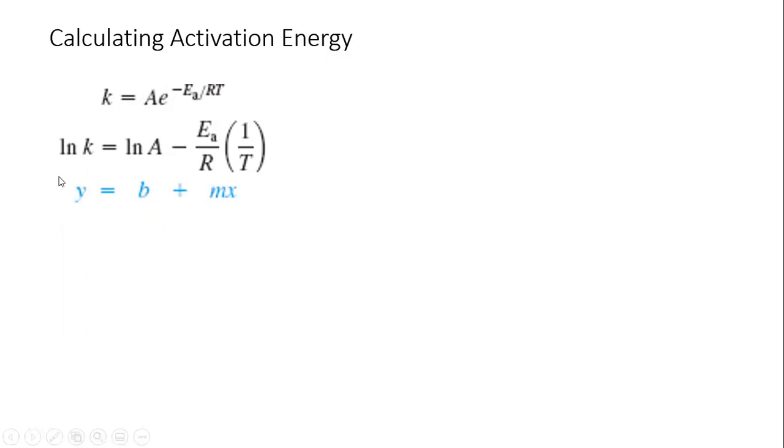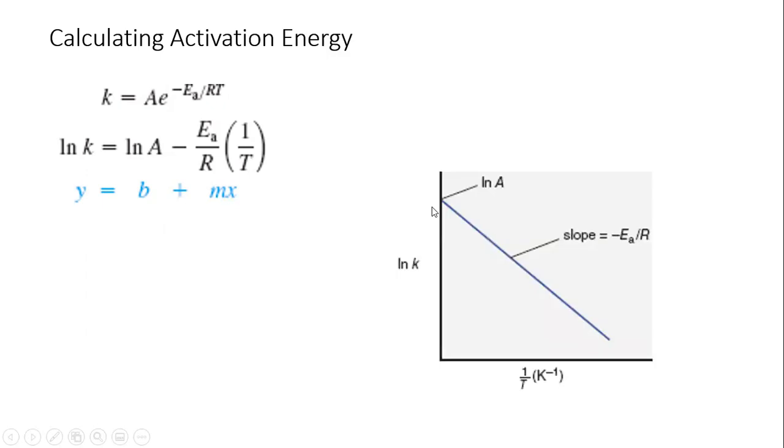So this is very similar to a linear curve, y equals b plus mx. And so what you can do is if you plot ln of k versus 1 over T in Kelvin, the slope equals negative Ea over R. So again, you plot ln of k versus 1 over T, and temperature in this has to be in Kelvin.